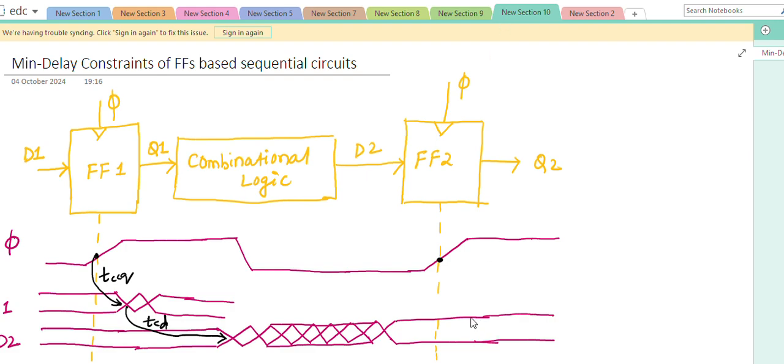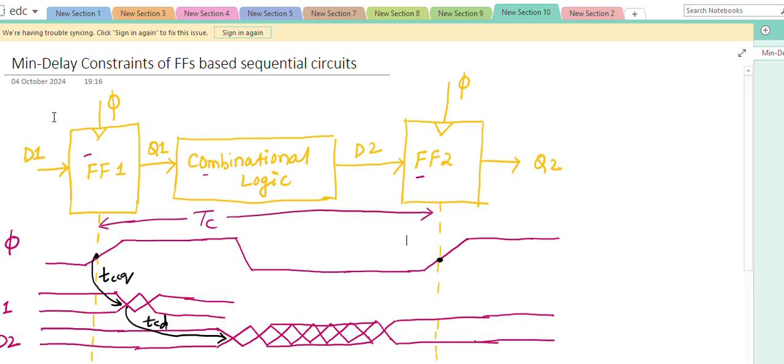Here you can see flip-flop 1 and flip-flop 2, with one combinational logic in between. Over one clock cycle, the distance between flip-flop 1 and flip-flop 2 is a clock cycle, TC.